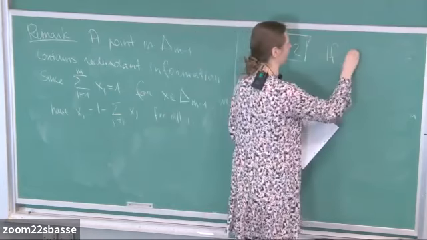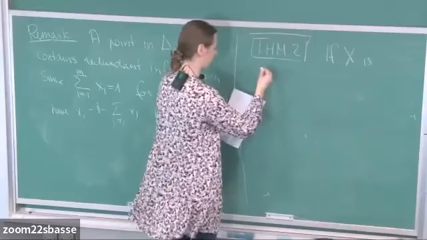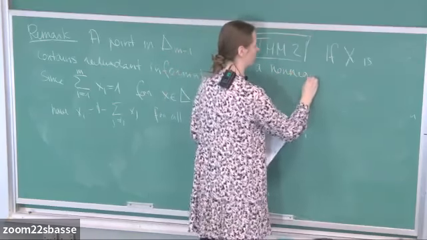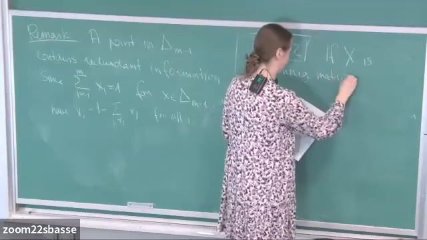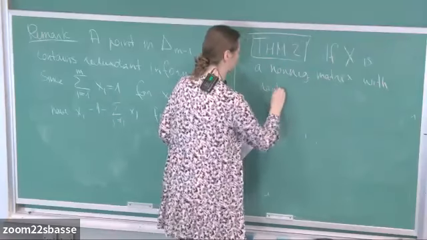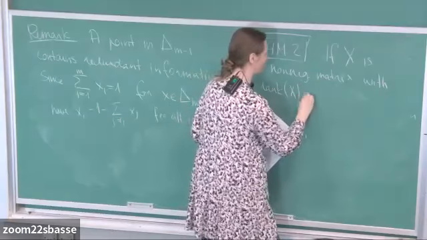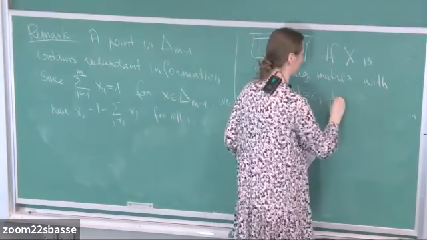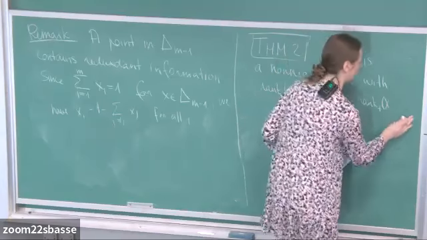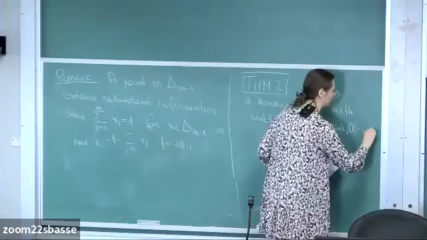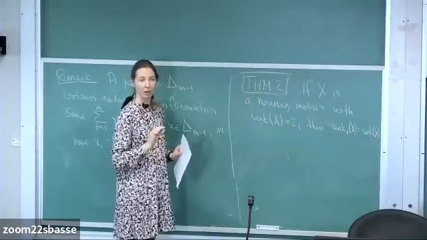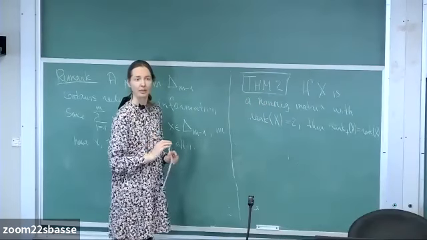If X is a non-negative matrix with rank of X equal to 2, then the non-negative rank of X equals the rank of X. We also had that the same is true if the rank is equal to 0 or 1, but these cases are, let's say, easy to prove.